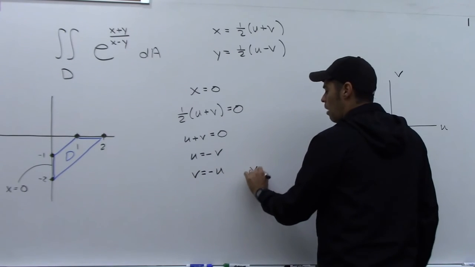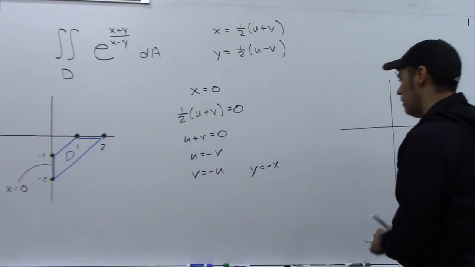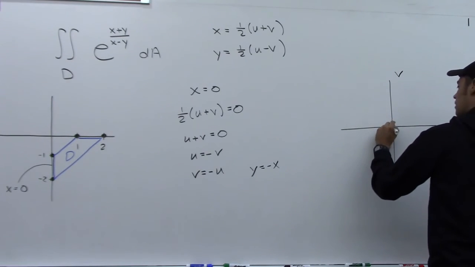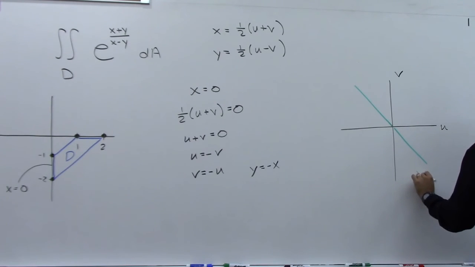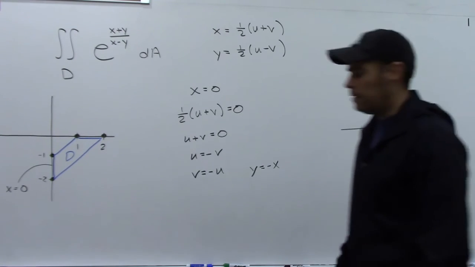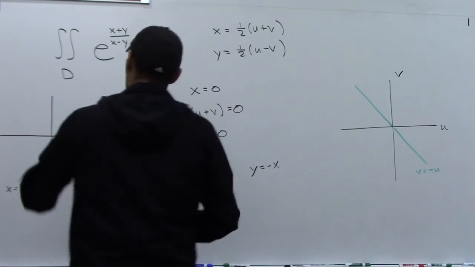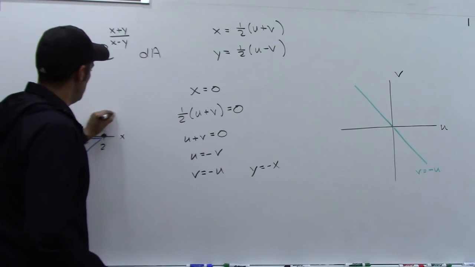That looks a lot like y equals -x. So that's just a line with a slope of -1. But it goes like this. This is v equals -u. Then I'm going to take this one because it's easy. Remember, this was x, this was y. This is y is 0.